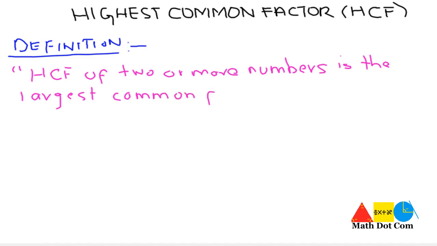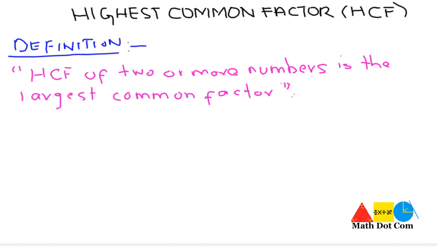That means whenever we have to find the HCF of any two numbers, we consider only the largest common factor out of the multiple common factors of the two numbers.